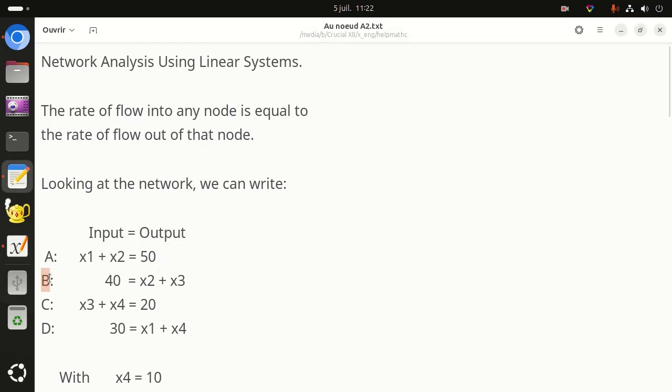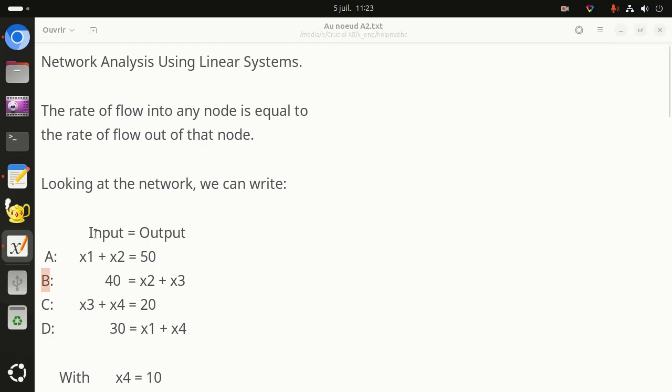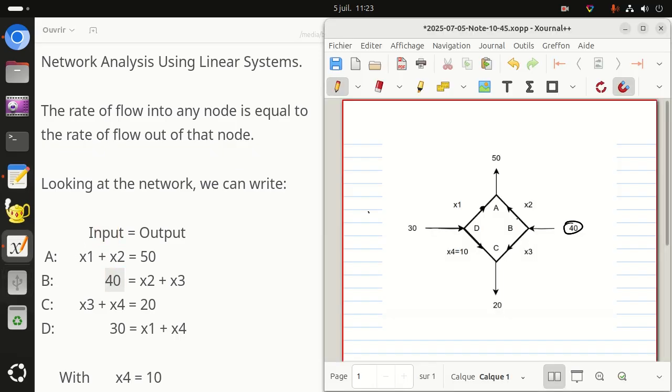For the node B, the input is 40, and the outputs are x2 and x3.